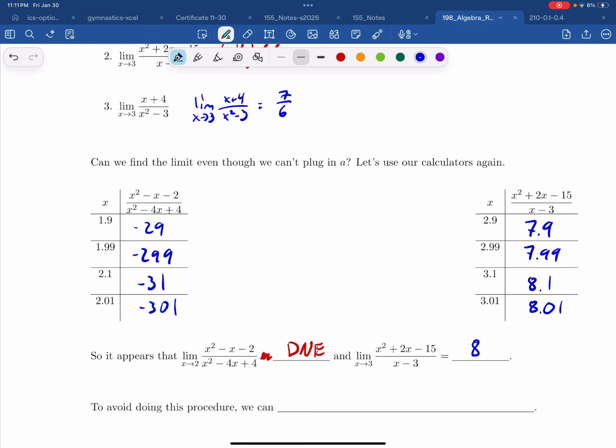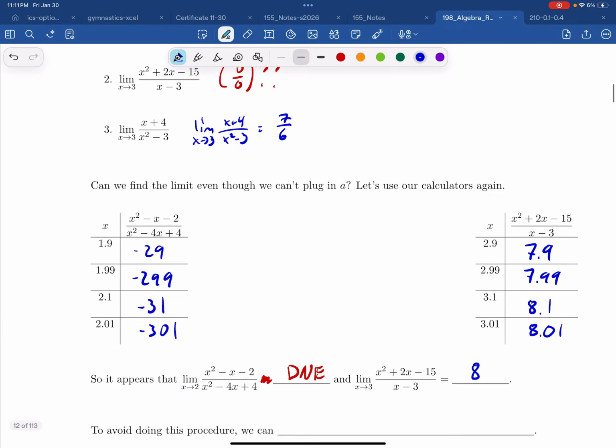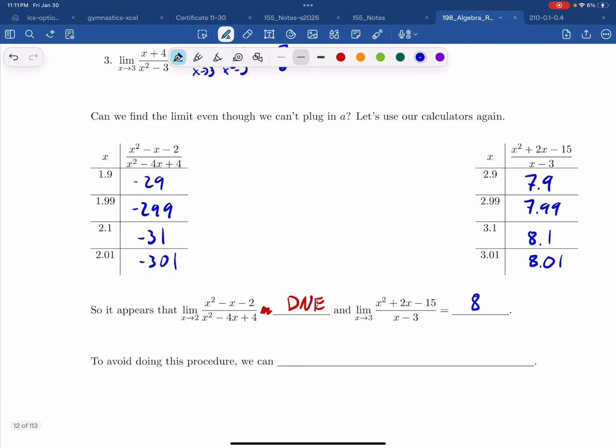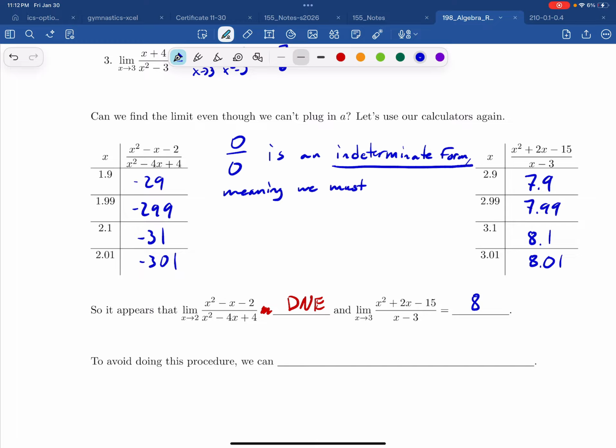So it looks like if we get 0 over 0, it really doesn't give us any clue as to whether our answer is going to exist or not. And in fact, 0 over 0 is an indeterminate form, meaning we must do more work to find the limit.